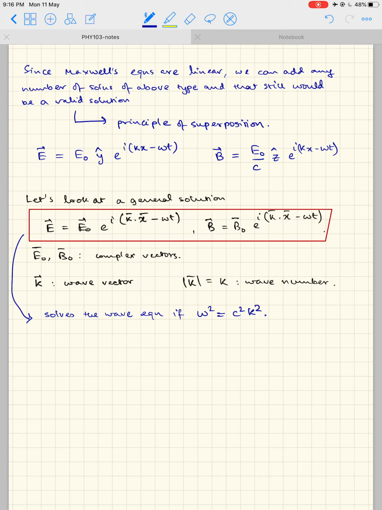You can just see this by plugging it into the wave equation. Now we also need to look at what is going to happen when we impose Maxwell's equations on this.